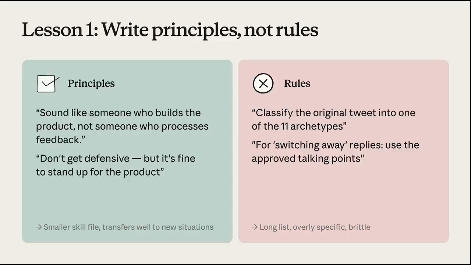And you would give them guidelines like, hey, you shouldn't get defensive when users complain about the product or they have an issue. You should be kind and empathetic. You should come across as a product builder versus just someone who is processing support requests. And you have all these principles, and we switched our agent to work off of these principles.